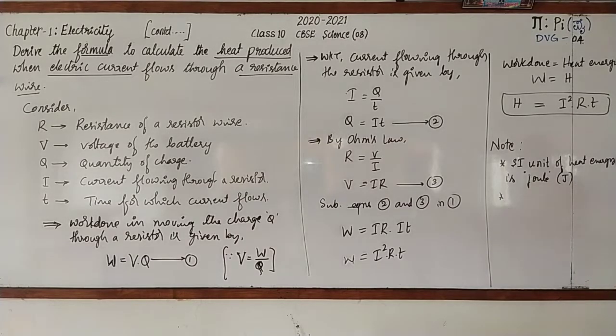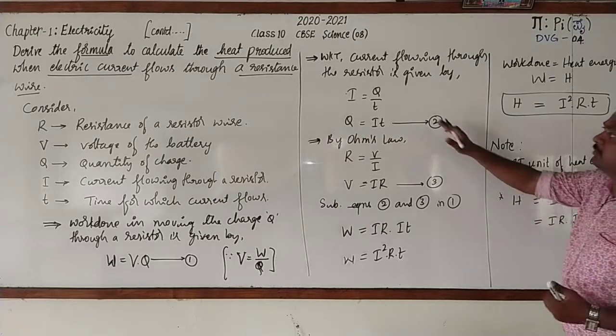Now, can we rewrite this formula? The reason is, look here, H is equal to I square into R into T. Then I go for writing I square as I into I, then I into R into I into T. What is I into T? Use this formula.